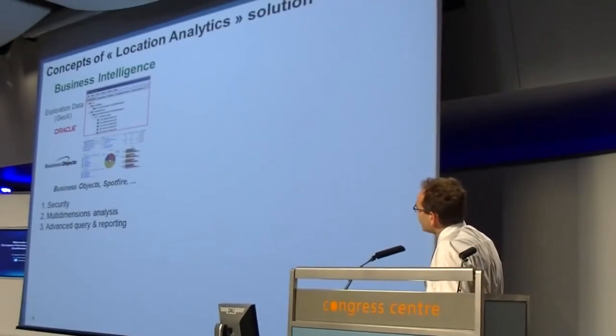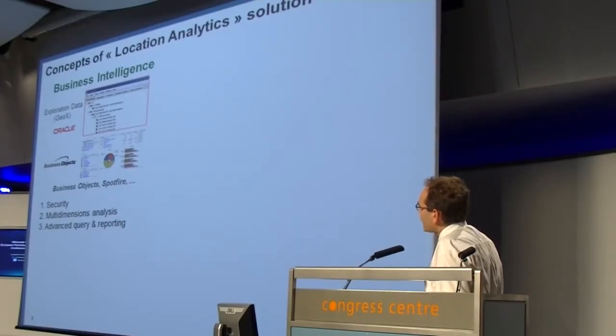We have chosen to use SAP Business Objects, but there are other solutions available on the market. We chose this one because we have internal competency in analysis and so forth. It provides good management of security, of course, all the benefits of business intelligence, and the possibility to do querying, reporting, and designing our own corporate reports.